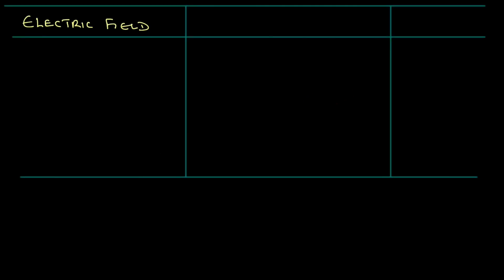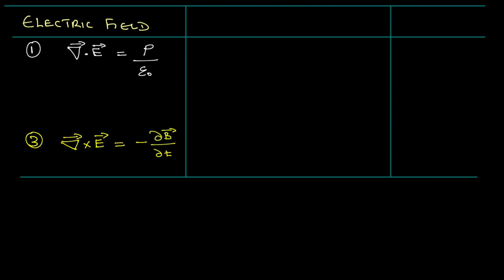Summarizing all the four equations, for the electric field, we have the divergence of electric field is equal to the density of charge over epsilon-nought. And we have the curl of electric field equal to the negative change in magnetic field. For magnetic field, the divergence of magnetic field is 0 because there's no magnetic monopole.